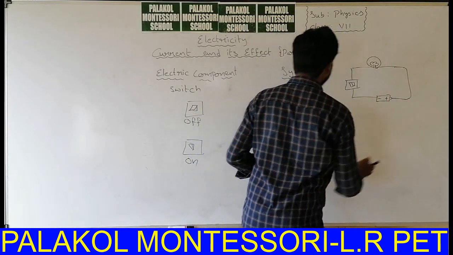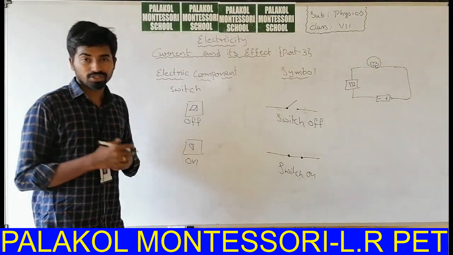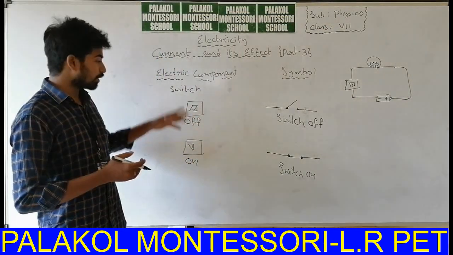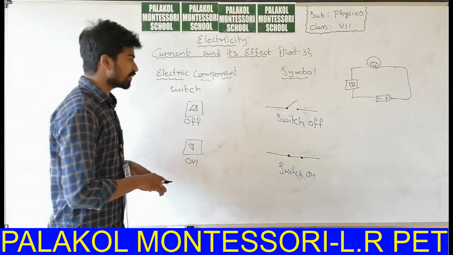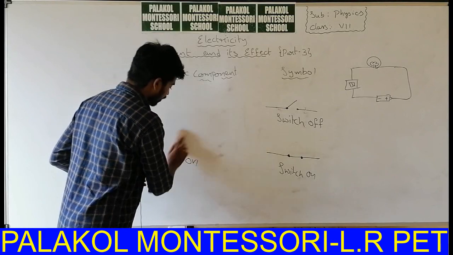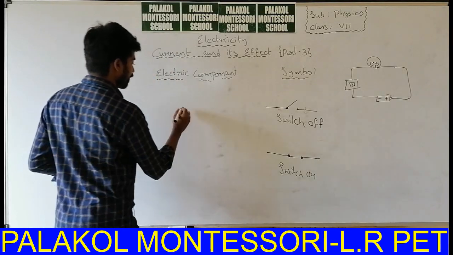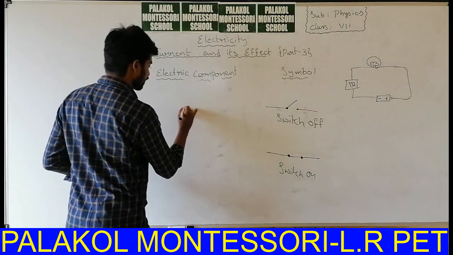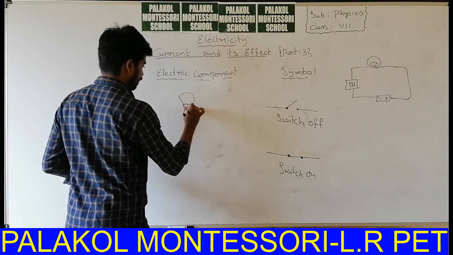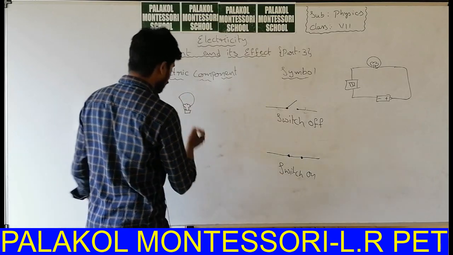So again, let us consider another electric component. Till now we have seen the symbol of the battery and the symbol of the switches. Let us look at the symbol of the bulb. The diagram of the bulb will be like this. This is the bulb in the off state.